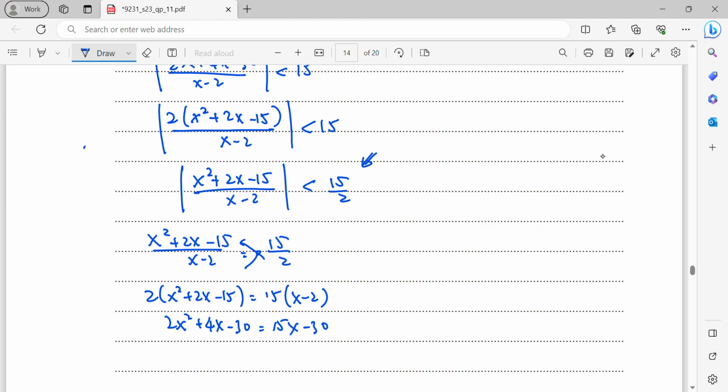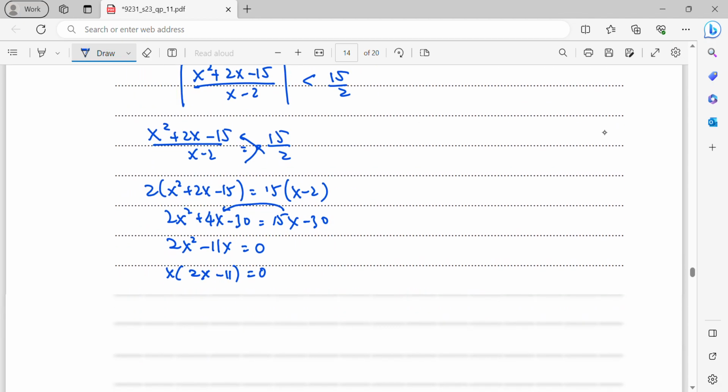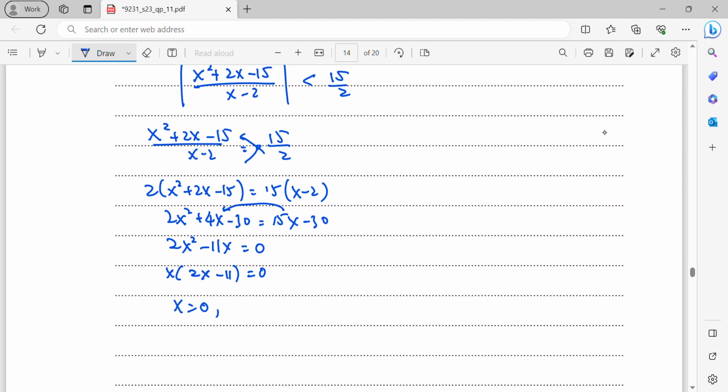So I rearrange to get a quadratic. This 15x moves to the other side, becoming negative 11x. Negative 30 will be cancelled off from both sides. Factorize the x, it will be x times 2x minus 11, which means now I will get x equals 0, or 2x minus 11 equals 0, meaning x equals 11/2.